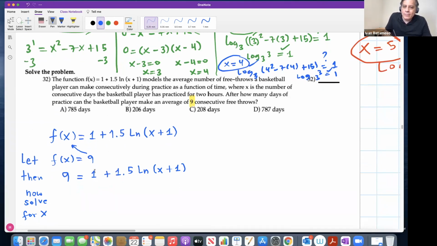Hint: try to move this 1 to the left side, transpose it, and isolate this part of the equation. So first hint, subtract 1 on both sides. Start there and then see if you can solve it for x. And try to remember this for your special assignment 2, which is going to come after you take your exam 2.